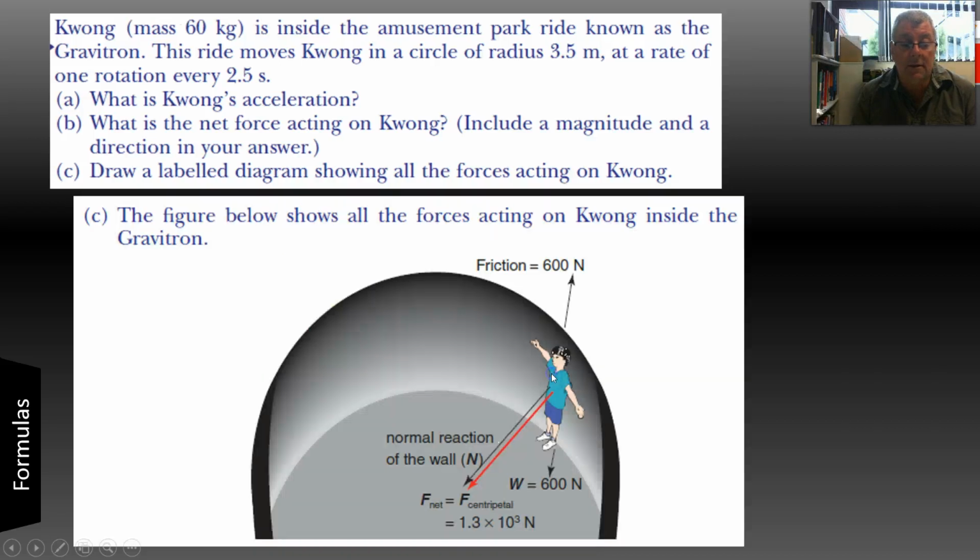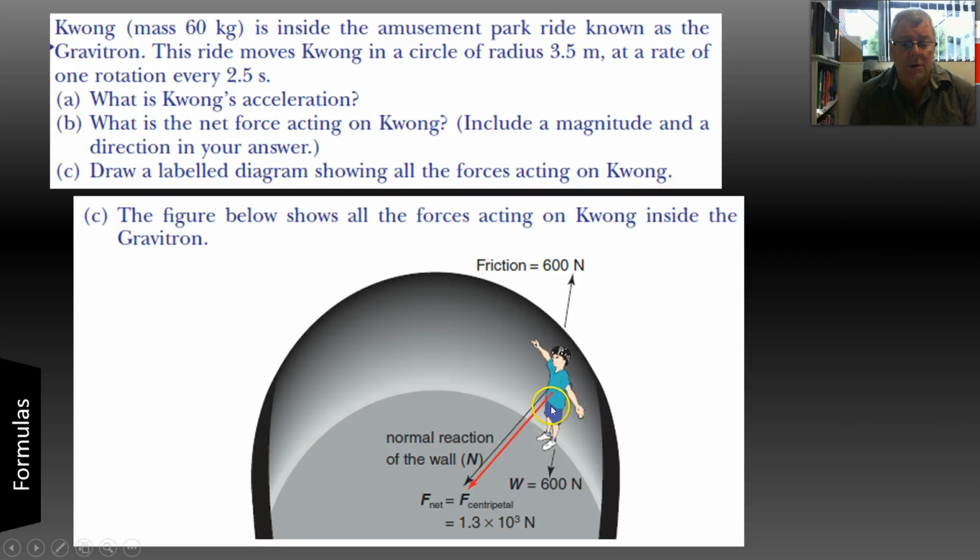And lastly, the diagram. Here's our student, and we've worked out the centripetal force, which is 1.3 times 10 to the 3 newtons. Has a weight force of 600 newtons, let's not forget that. Has a friction force acting against it because the person's not sliding up or down.